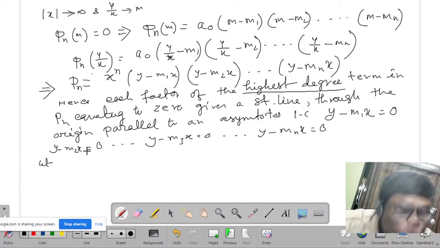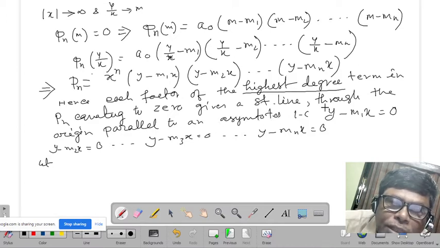Now let our asymptotes to this curve be straight lines. We call these straight lines asymptotes, but these are straight lines parallel to the asymptotes, passing through the origin.